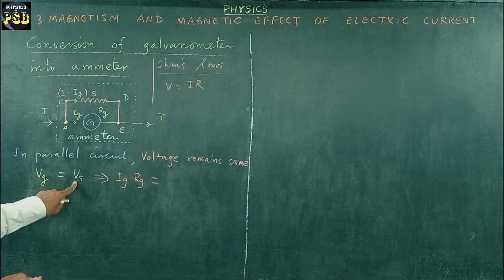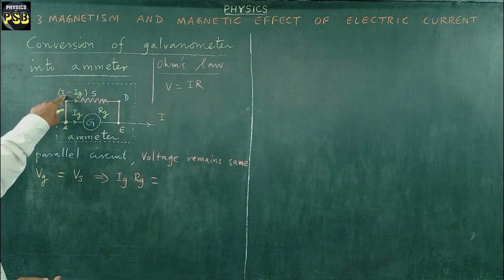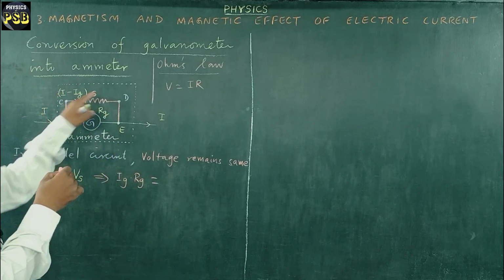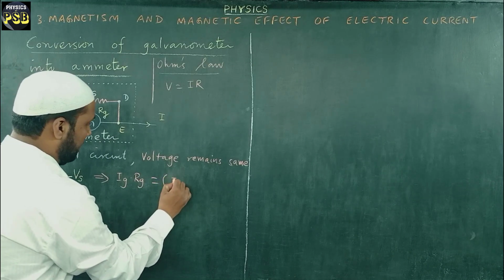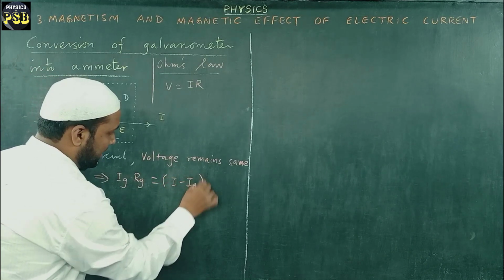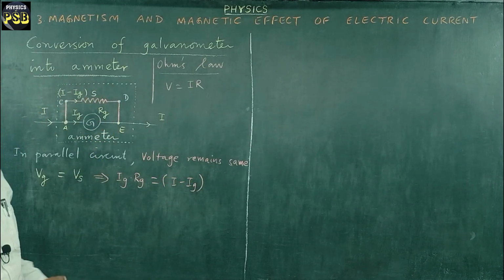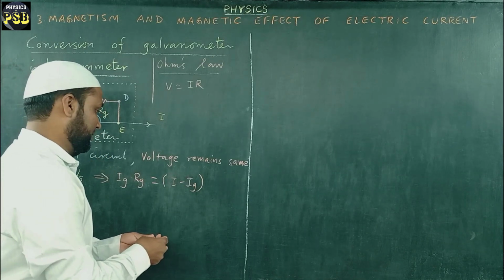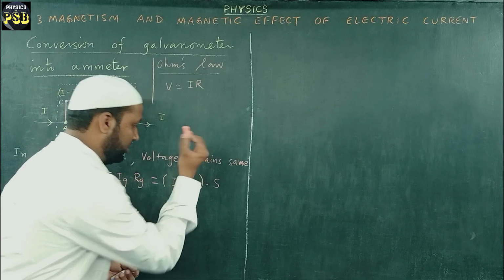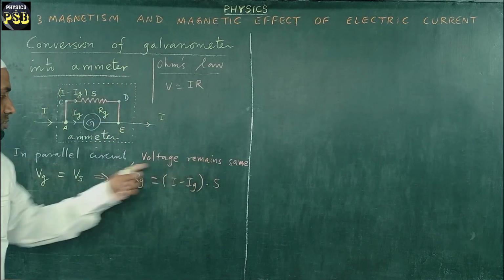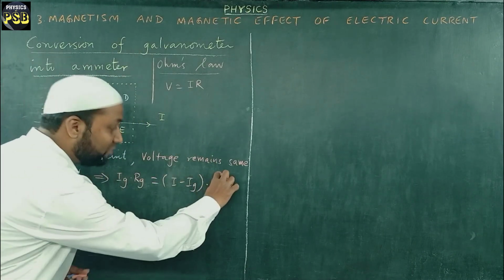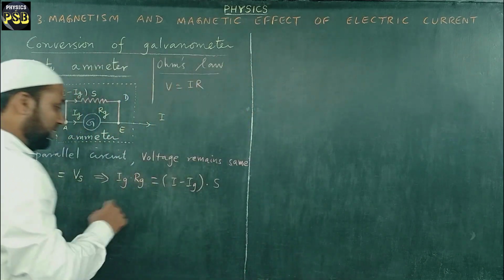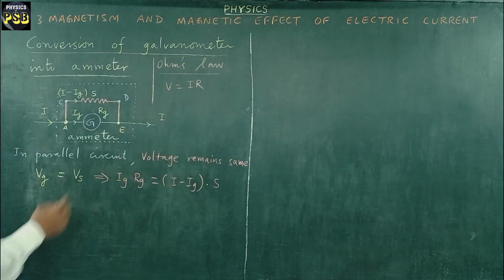Similarly, Vs is obtained by multiplying the current that flows through it. The current flowing through S is nothing but I minus Ig, and the resistance of the shunt resistor is S. So from this equation, the value of S can be obtained easily by cross multiplication.